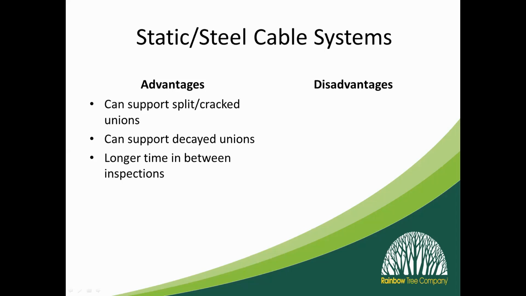And then placement: you can have very accurate placement. Placement of the cable in relation to the height is much easier to achieve, since you can put the anchor point almost anywhere you want. Since you're drilling it in, you're actively making that anchor within the wood versus trying to find a union that's suitable at that height.